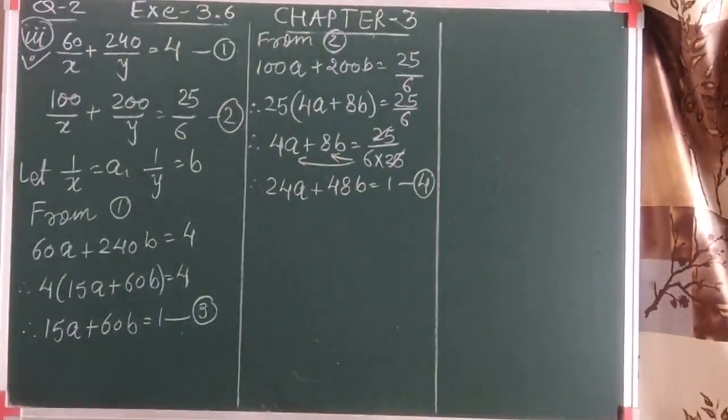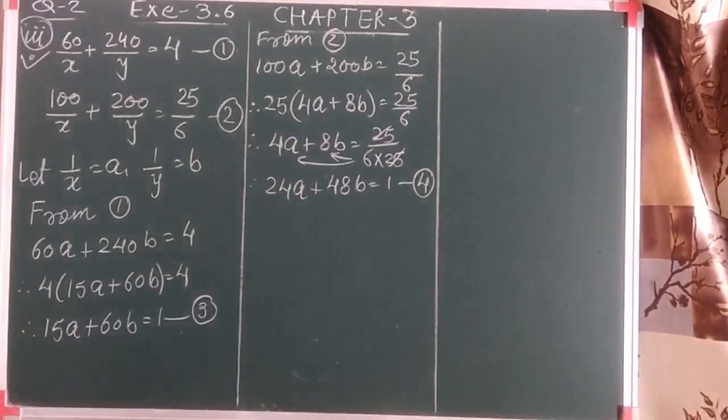Let us simplify these equations to get the values of x and y. To simplify by any of the methods, we have to make the coefficients the same. So let's make the coefficients the same by multiplying equations 3 and 4 by certain values.